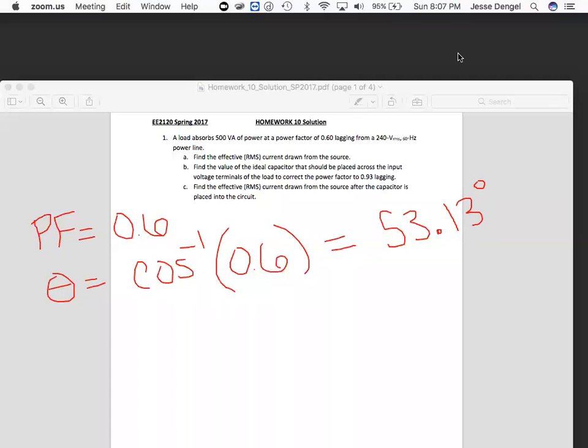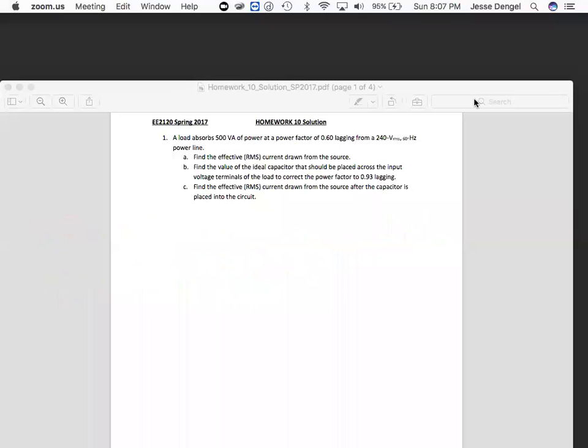So if we go back to our triangle here that I just drew, we have our theta here of 53.13 degrees. We know this is 500.